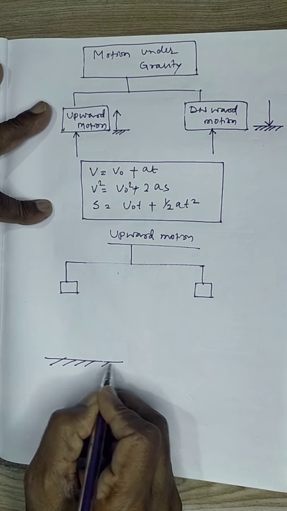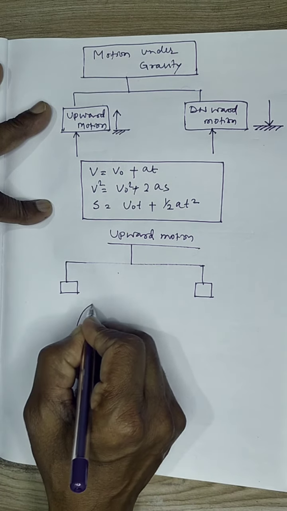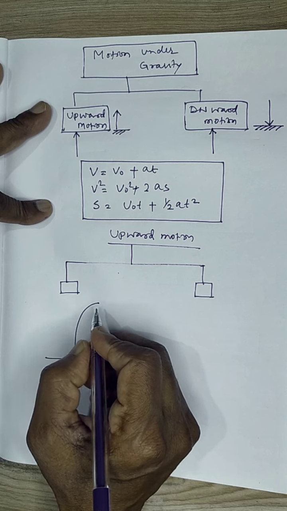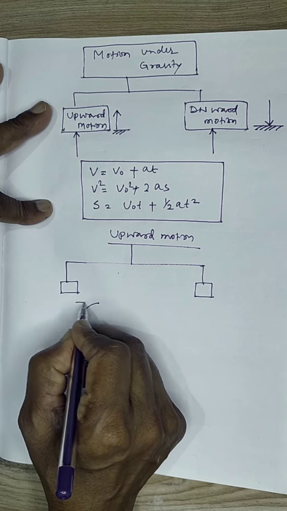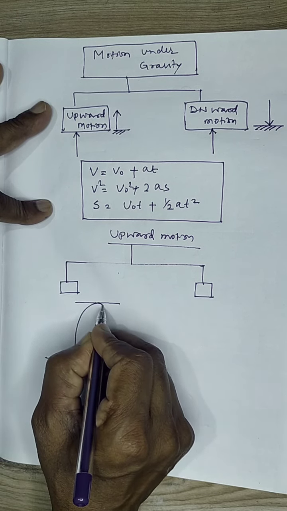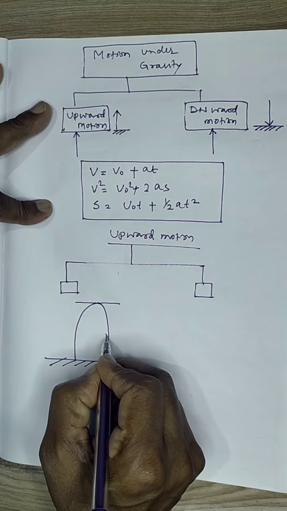If the object is on the ground and it is thrown upward, it will go in the upward direction and attain a certain height, and it will come back and reach the ground.